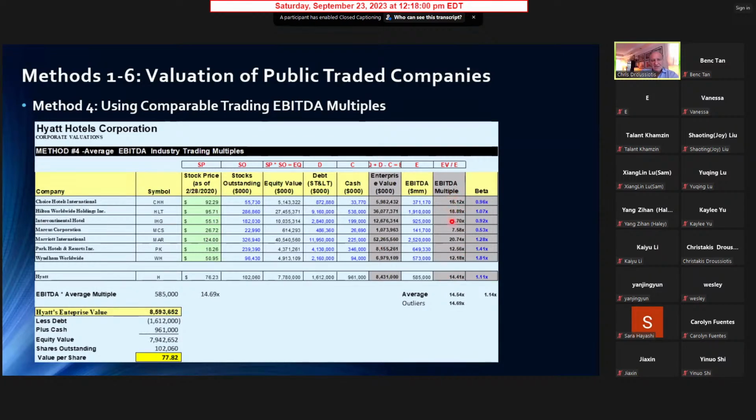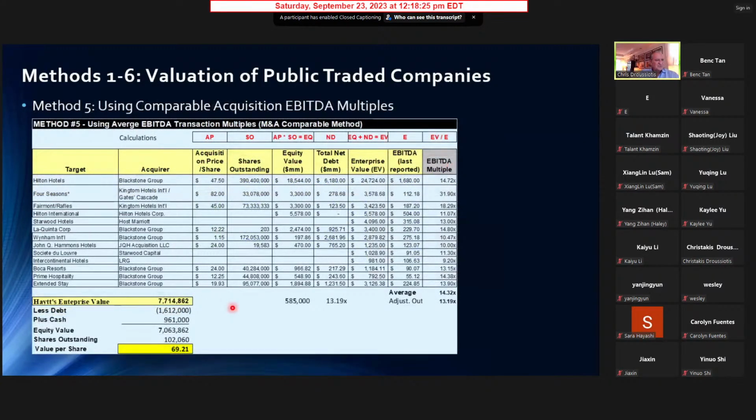If I do the average of all the hotels here, I get 14.69 times. Apply 14.69 times as the industry multiple times Hyatt's EBITDA. It puts the price of Hyatt at $77, which is pretty close to what it's trading now. So it's trading around industry levels, I guess.